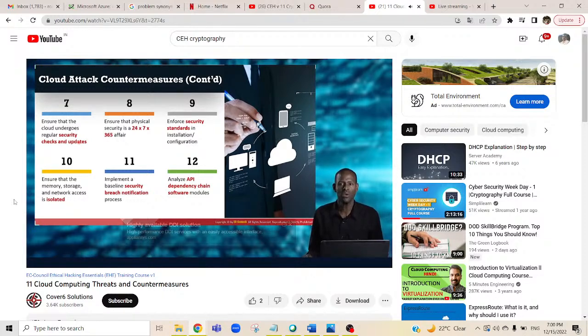We also want to make sure that the cloud service provider has physical security 24/7, 365. If you've ever looked at a cloud service provider, you can go to YouTube, for instance, or a regular Google or DuckDuckGo search and type in a cloud service provider, like Amazon AWS physical security.